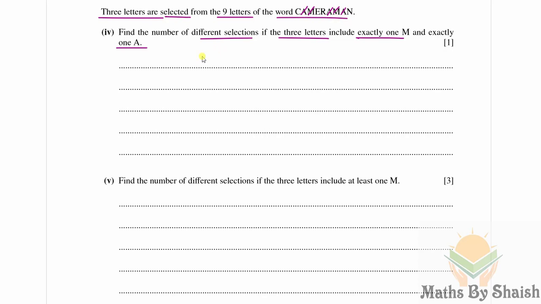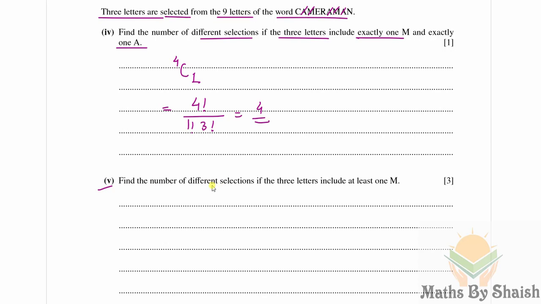We need to choose only one letter out of the remaining 4, because M and A should come only once, and 3 letters we are going to choose. So for one selection, that is 4C1, which is 4 factorial upon 1 factorial and 3 factorial, and that is 4 only.